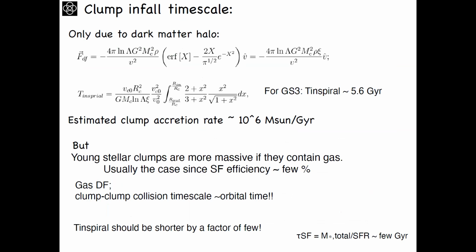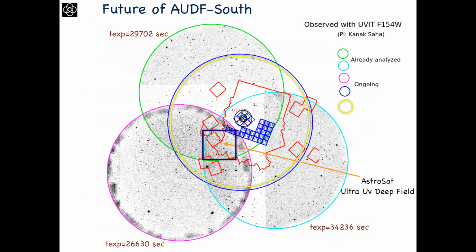In future, we are making mosaics of the entire UV covering the entire Chandra Deep Field South, and more than about 100 kiloseconds of data will be available for looking in the UV. So I'm close to the end, and thank you.